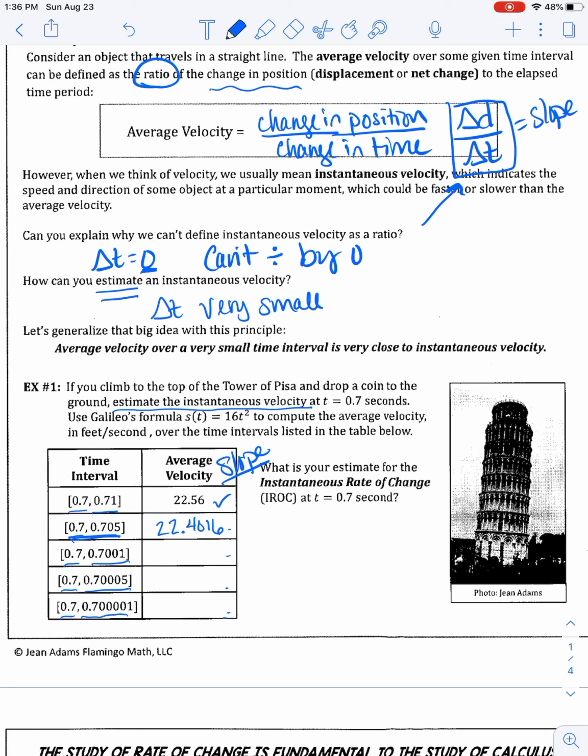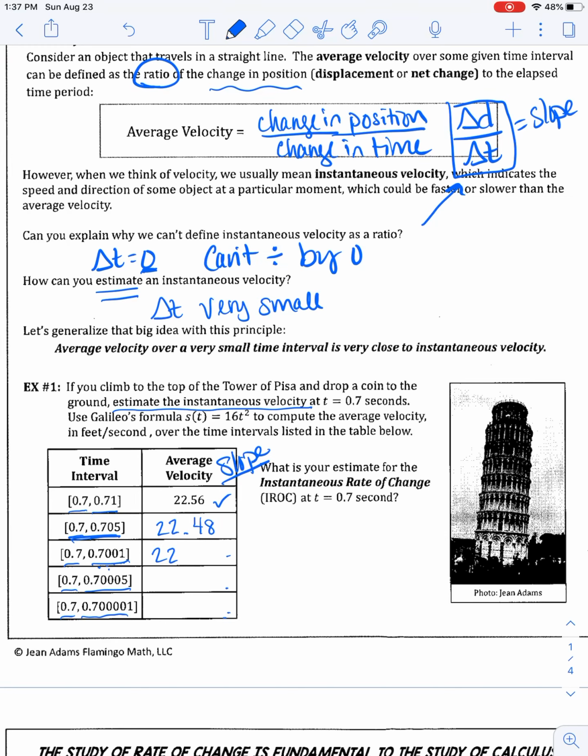Okay, so I'm going to do the same thing for the next one. I'm going to change my delta table, the change, to 0.0001. I'm going to do y minus y over x minus x, and I'm going to get, oh, shoot. Okay, sorry. If y'all can change that for me, this one was 22.48. So sorry.